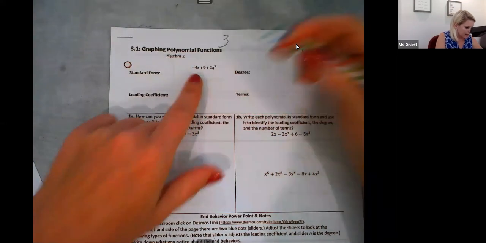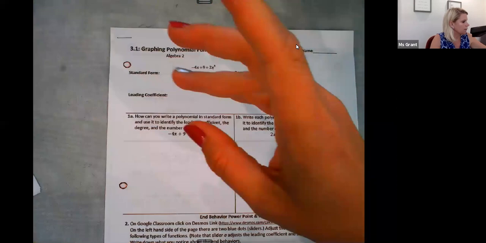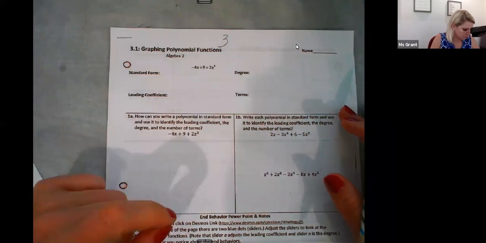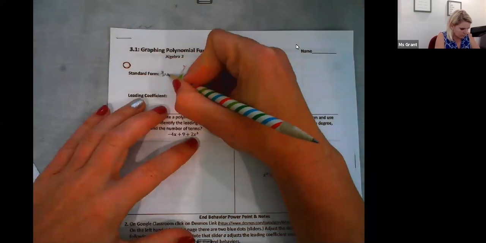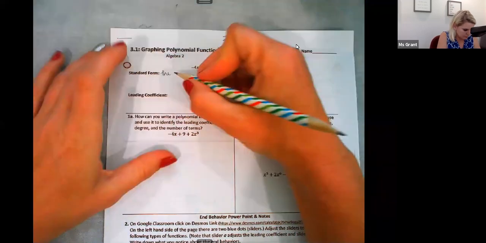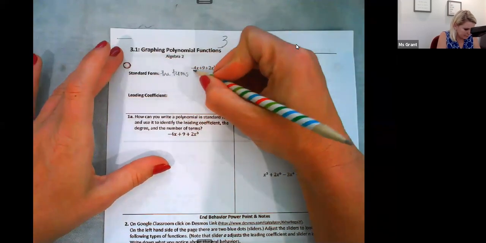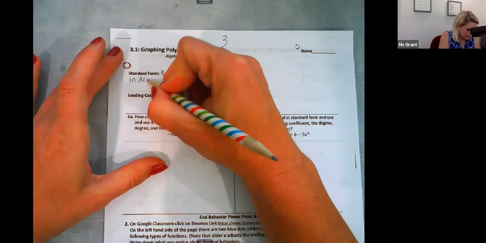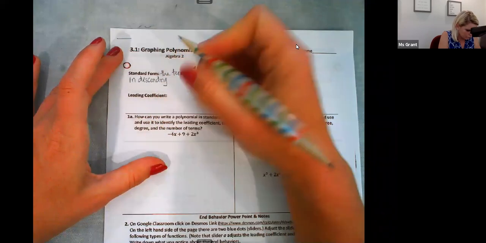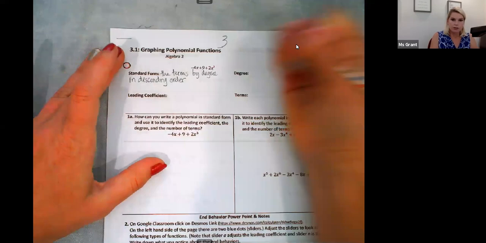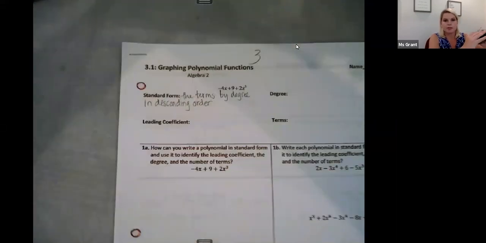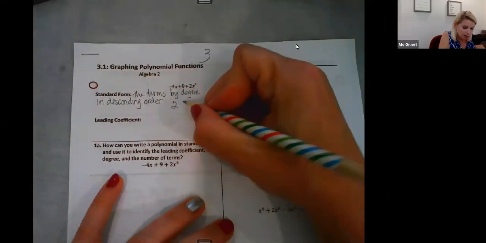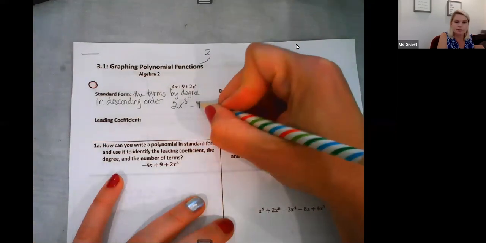So standard form is gonna be that you write the terms by degree in descending order. So that's not zoomed in enough. That's going to be, starting off, 2x to the third minus 4x plus 9.